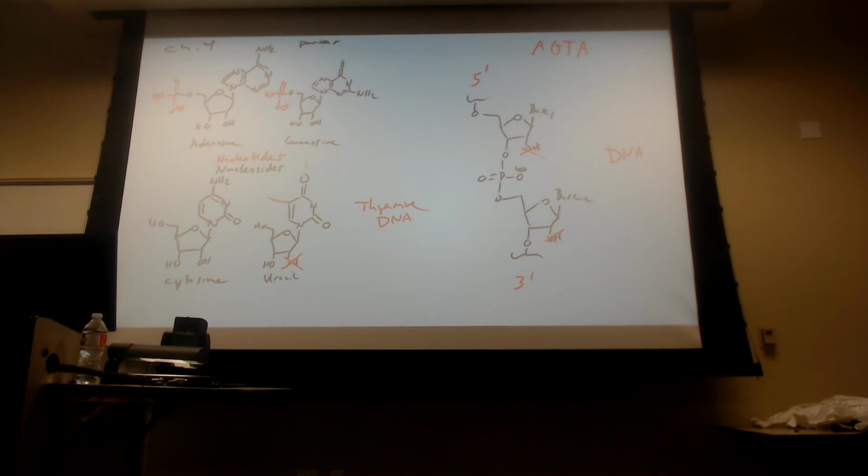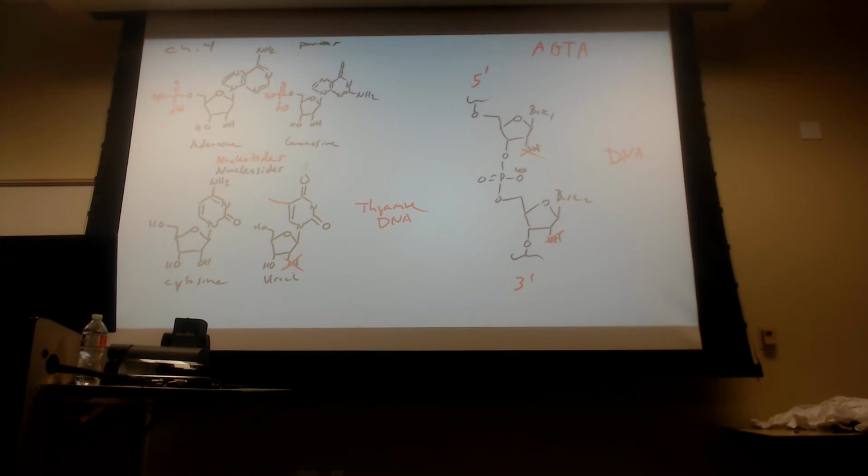B form is common for DNA. Z form is very controversial. They believe it's there, but it's not very predominant. A form is found in both DNA and RNA, okay? And it's just a slight difference in the sugar conformation and the base conformations.